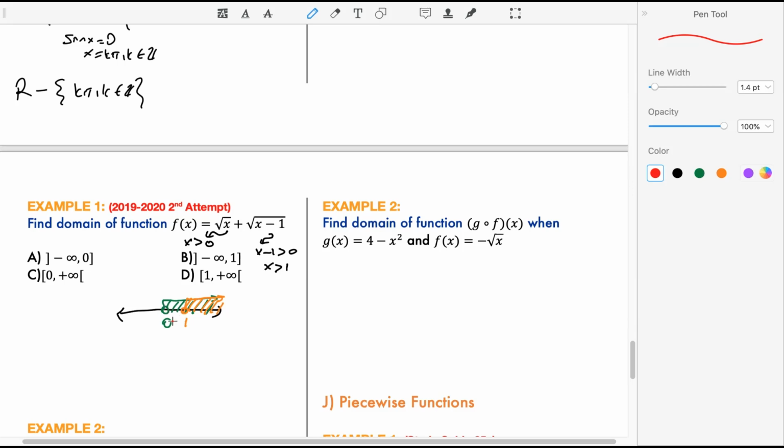Between 0 and 1, I only had the green color, only one function. But after 1, I have both green and orange together. So this is the common part, the intersection. This will be our domain. So the domain is from 1 to infinity, exclusive. All right, so the answer is D.